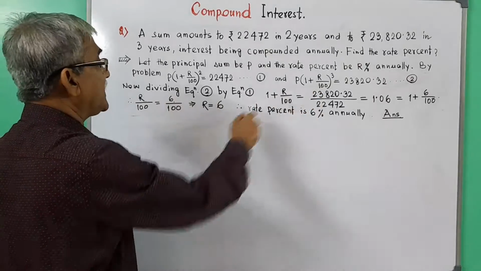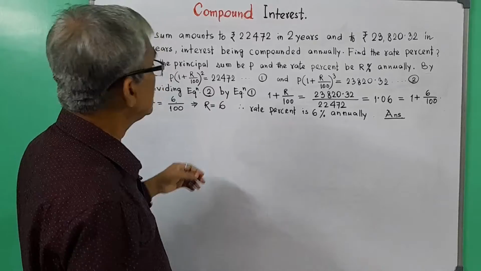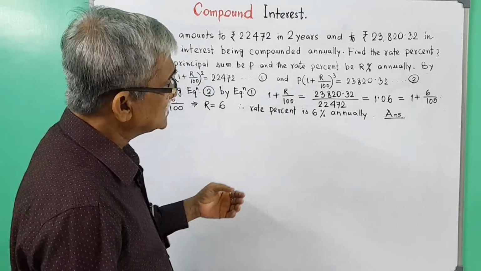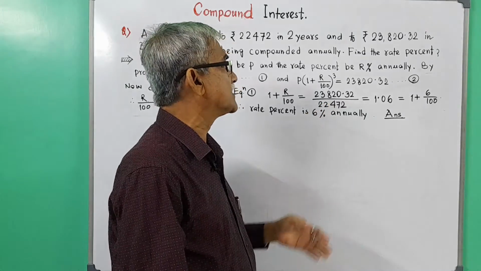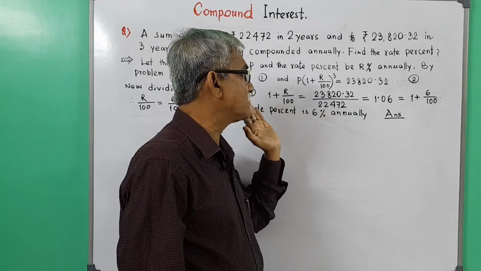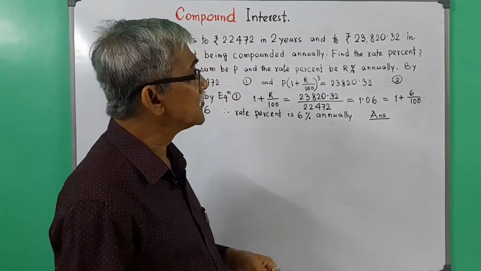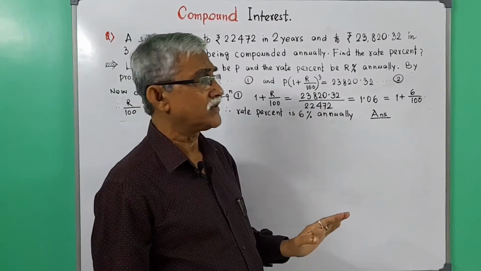Now we are dividing equation number 2 by equation number 1. So P cancels out. It will be cube by square, that is simply 1 plus R upon 100, which equals 23,820.32 divided by 22,472. I advise my students to simply divide it.